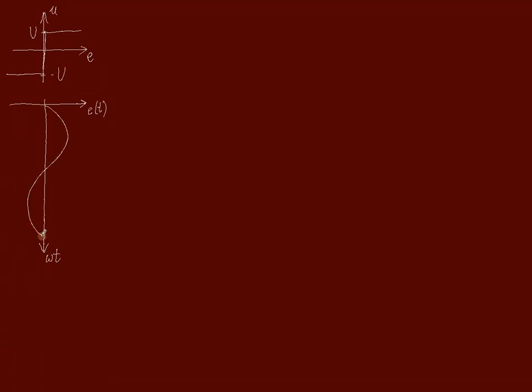Then we need to mark the angles at which switches or breaks in the static characteristic occur. In this case, it is just pi. Now we need to draw a graph u of phi.